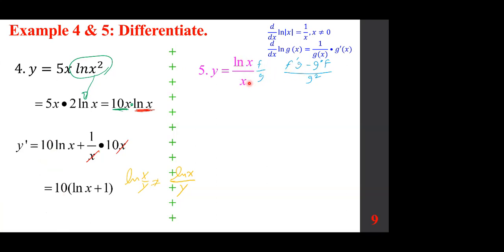Now just write this, square it. And of course, they simplify to 1. This whole thing becomes 1. So 1 minus ln x over x squared is the final answer.